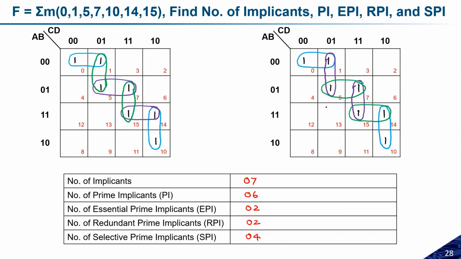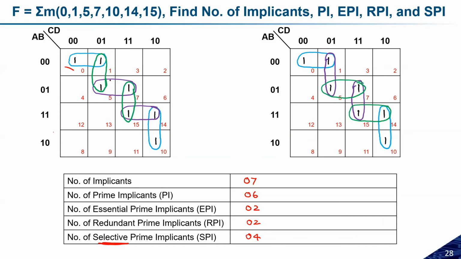So why is it not 4 for the redundant one? The redundant ones are the pairs that are not required in the K map. Let us consider the first one. In the first one, this blue portion is the essential one. Now I have made two purple ones to cover all the ones.